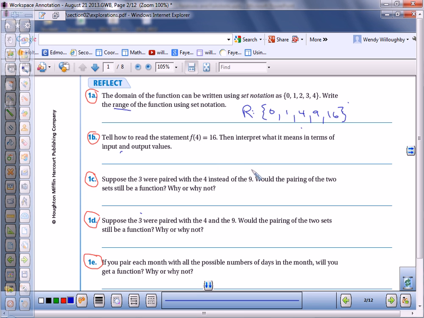Your output is 16. Good. So f of 4 equals 16 means when the input is 4, the output is 16.